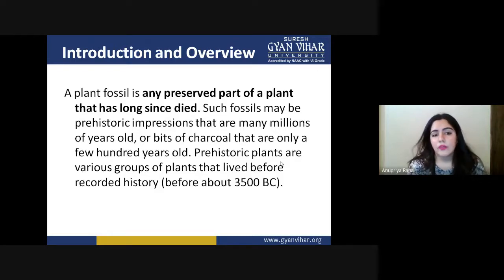So whenever we are talking about fossil plants, they have to be hundreds of years old, or a bit of charcoal that is only a few hundred years old. Minimum, I told you, it should be 300, 400 or 500 years.